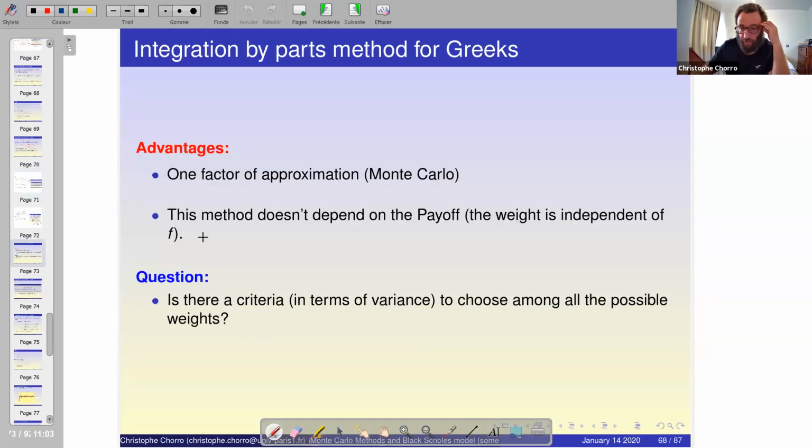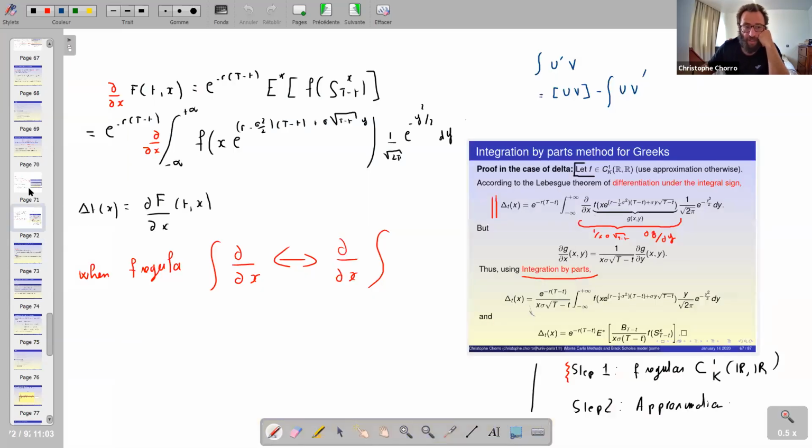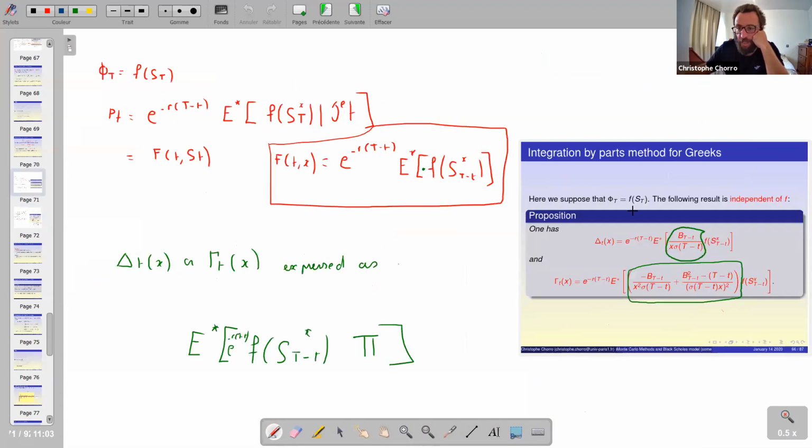And what is nice also is that the weight I obtain is independent of the particular form of my payoff, meaning that if I consider this family of contingent claims, the ones that are path independent, you see that the weights I obtain here and here are totally independent of F. The green box is independent of F, that is the weights that are obtained.